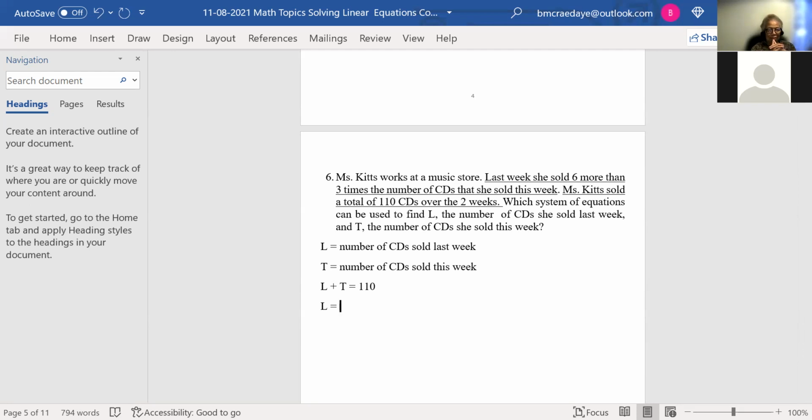Add. Right. "3 times" means what operation? Multiply. Okay, so tell me what to write.